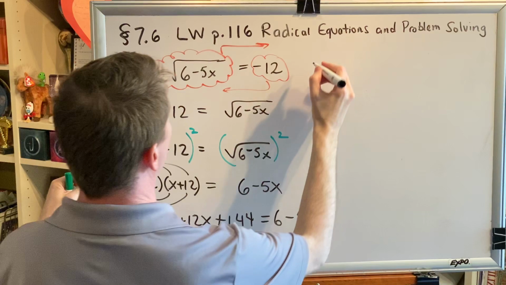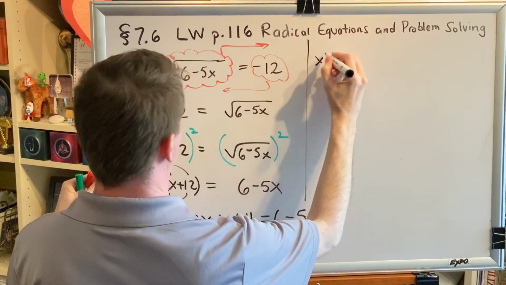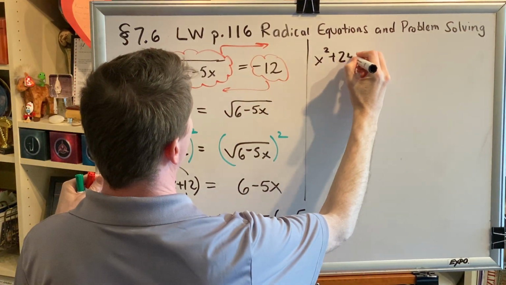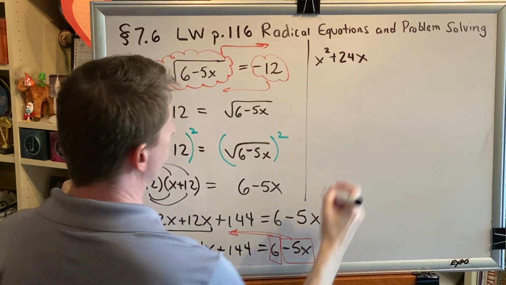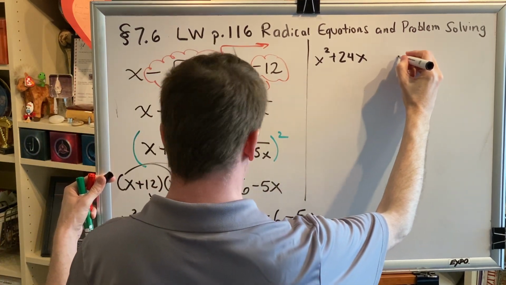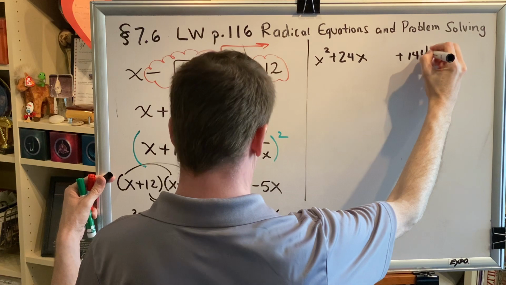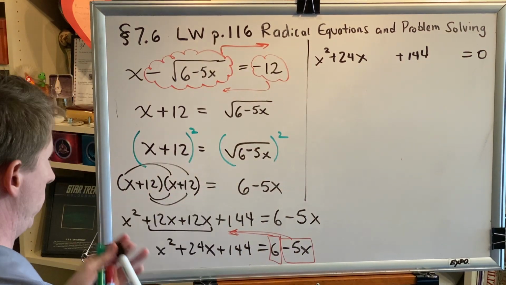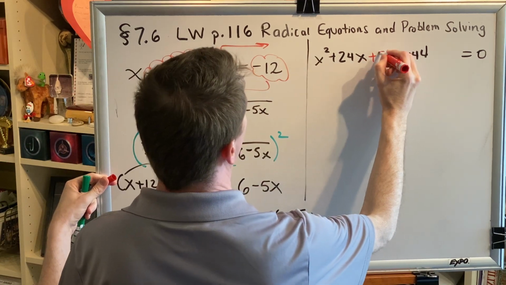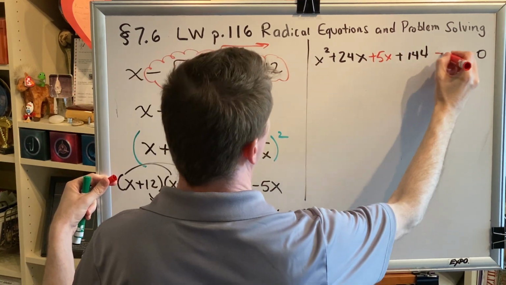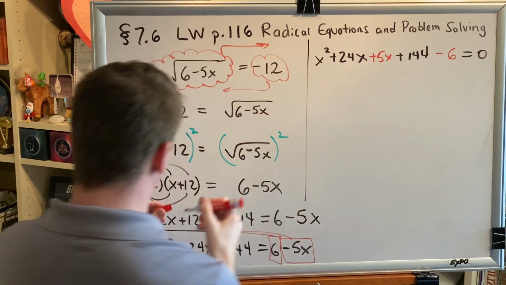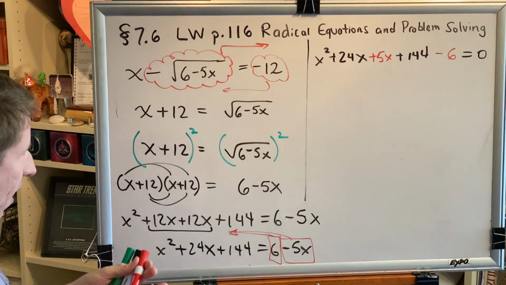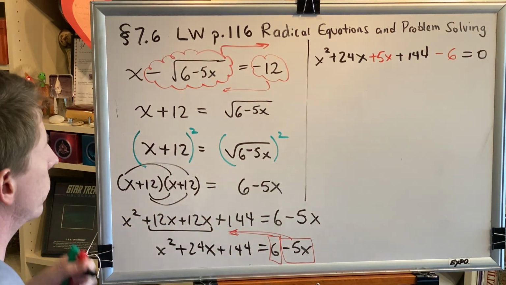So then we have x squared plus 24x plus 5x plus 144 minus 6 equals 0. Okay, the terms that I have shown here in red are the ones that moved to the other side and changed sign.